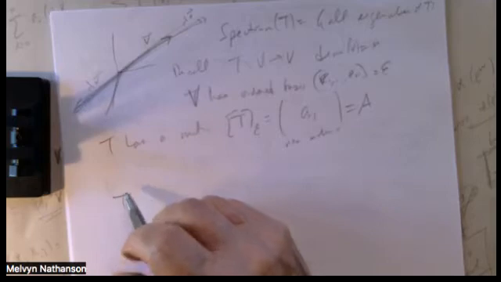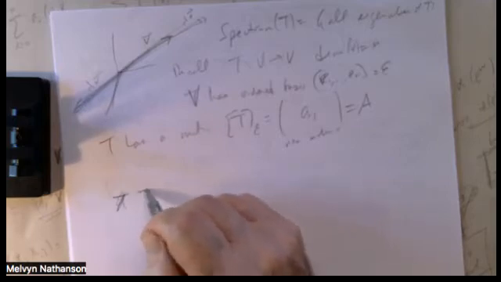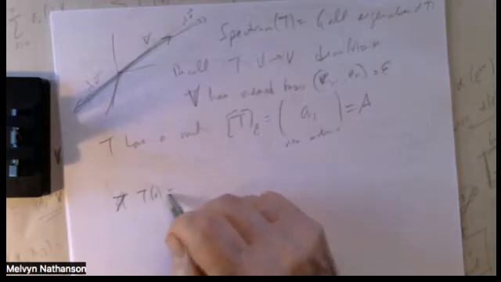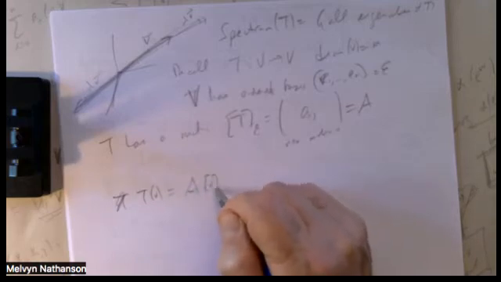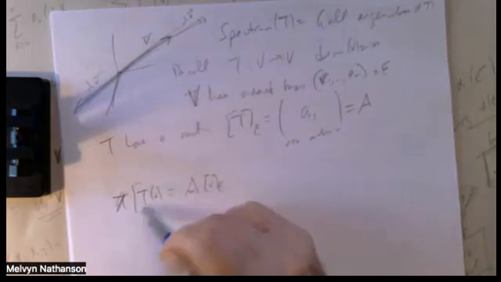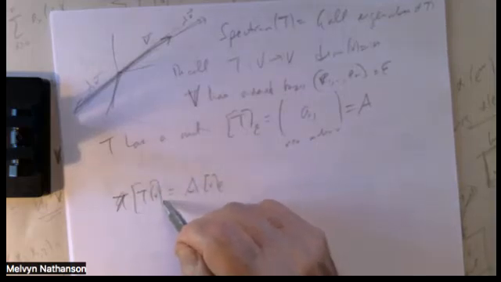And T of a vector V is what? It takes the matrix A, the coordinate vector for V with respect to the basis, and that gives us the coordinate vector of T of V with respect to the basis. Right? So this is the basic connection between a matrix and a linear operator.